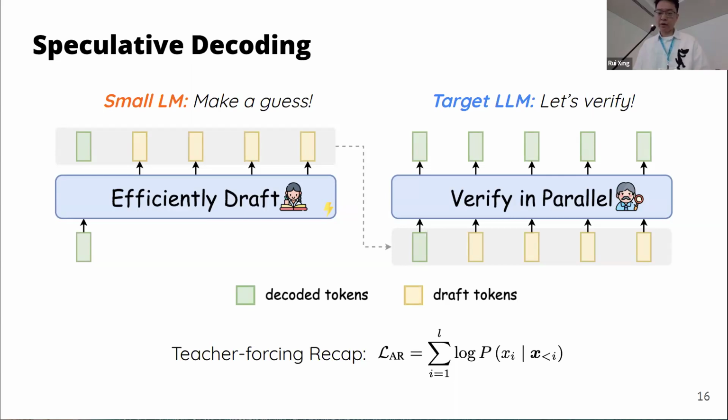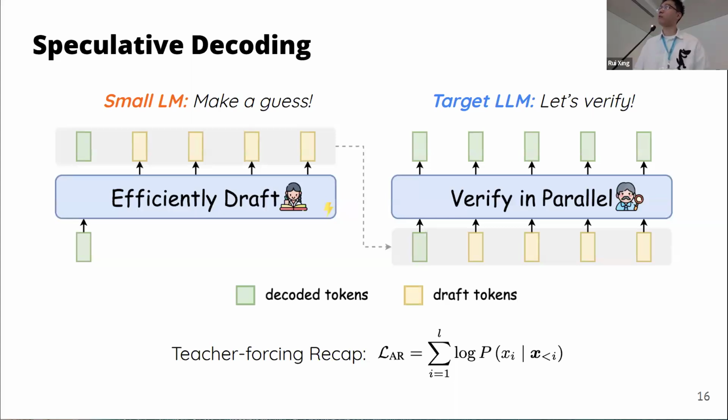And in practice, we will find that the small draft model always hits the simpler tokens. And the difficult tokens are more likely to fail this verification process and to be generated by the target large language model. In the following, we provide a detailed illustration of a single decoding step in speculative decoding. The left part is quite simple.